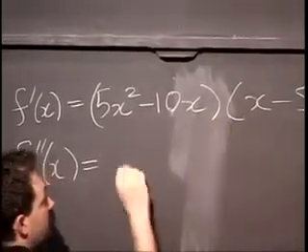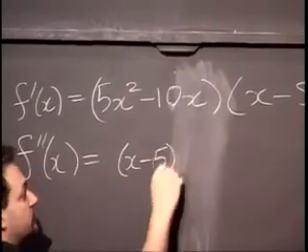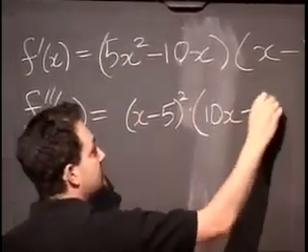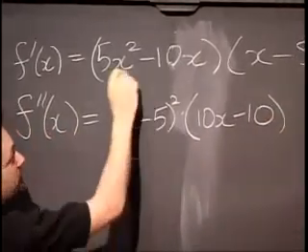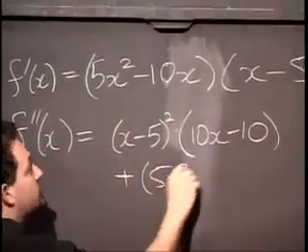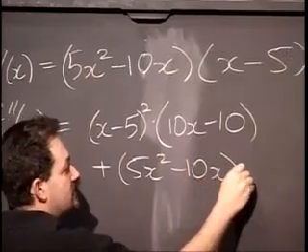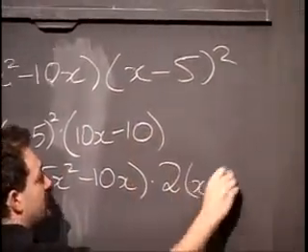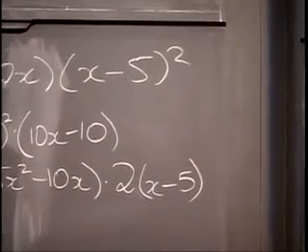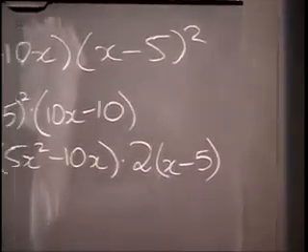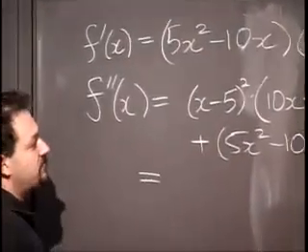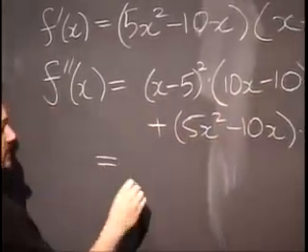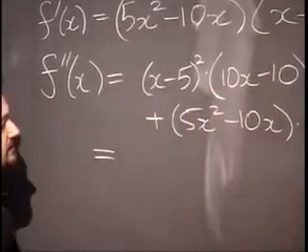So we're going to get the second factor, x minus 5 all squared, times the derivative of the first, which is 10x minus 10, plus the first factor, 5x squared minus 10x, times the derivative of the second, and by the chain rule, that's just 2x minus 5. I probably should have taken out a factor of 5 right at the beginning, but what the hey. Actually, there's a factor of 10 that pops out now. So also, if you look at it, there's a factor of x minus 5 in both of them.